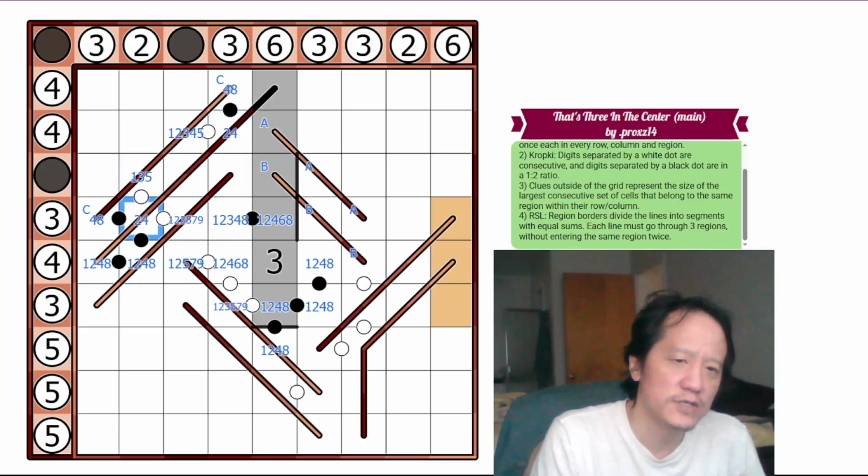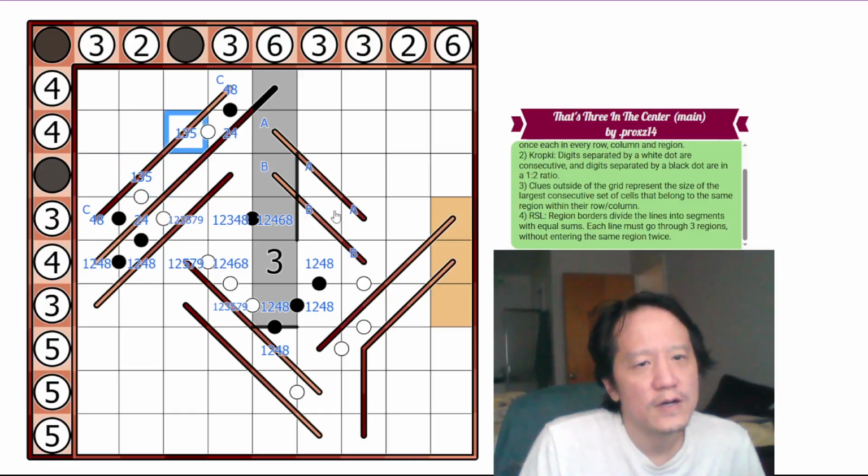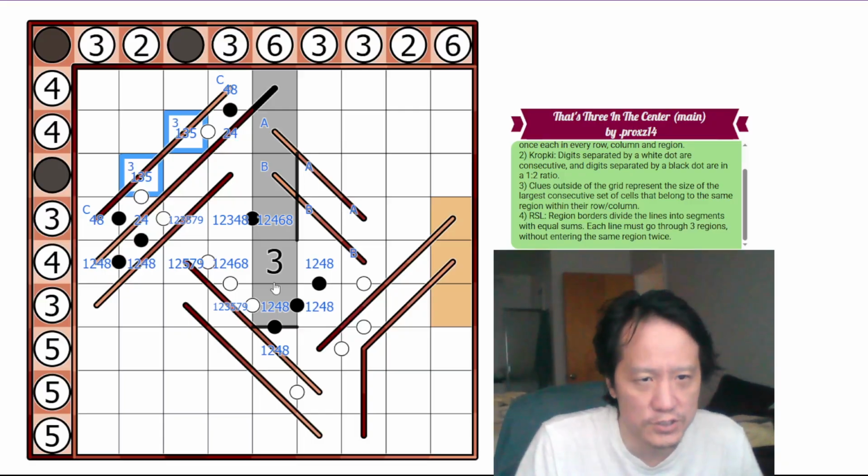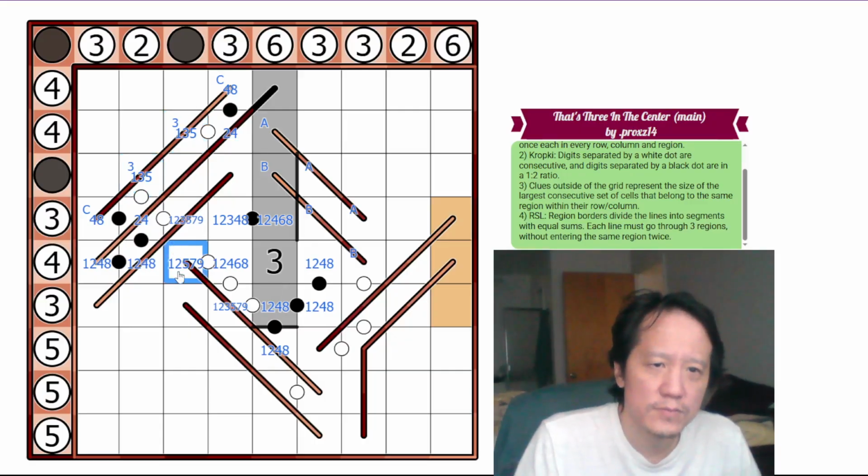So 2 or 4 is consecutive with 1, 3, or 5. Therefore, it's either 1, 3 or it's 3, 5. Either way, 3 has to be one of those two digits. 2 and 4 can be consecutive with 1, 2, 4, and 8.